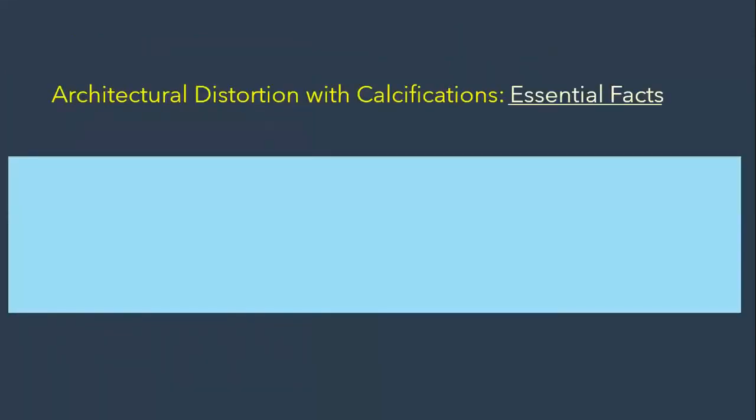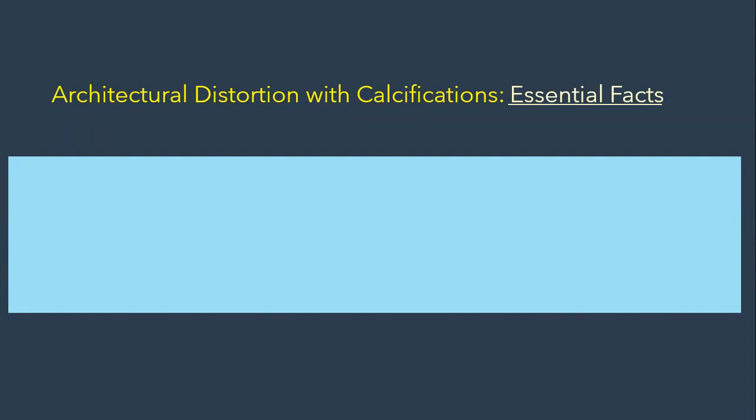Okay, what is architectural distortion? What are the essential facts related to distortions and calcifications? Hint. The positive predictive value does not differ from that of architectural distortion alone.